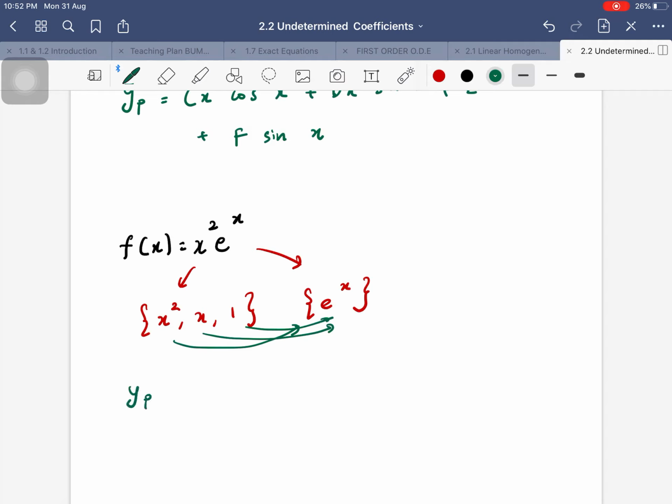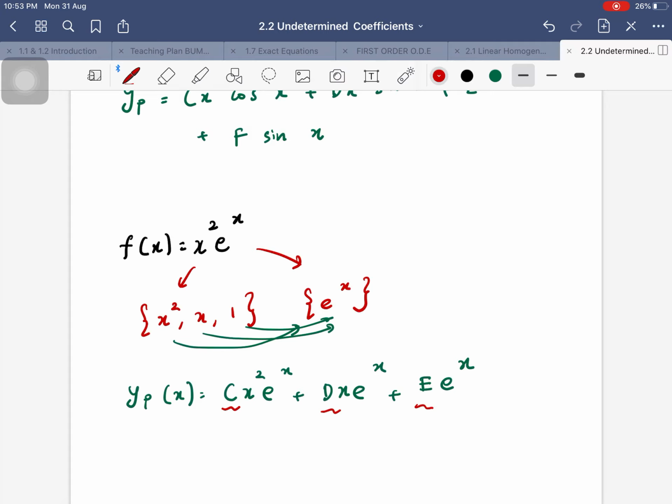So my yp of x, first term is going to be c x squared multiplied by exponential x. And then I'm going to have d x multiplied by exponential x, and the last one is going to be e1 multiplied by exponential of x. So that's going to be the yp. Okay, and then it's going to be the same. All you have to do is find c, d, and e, but because of the terms that you have over here, your calculation is going to be more complicated compared to case number 1, 2, 3, and 4.